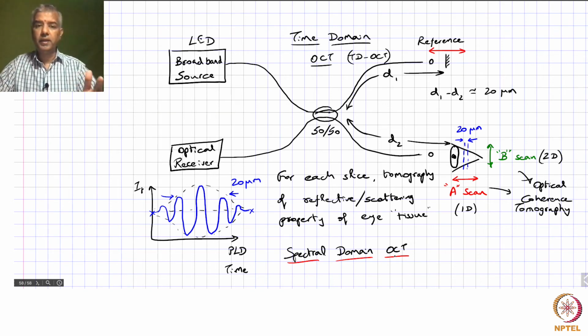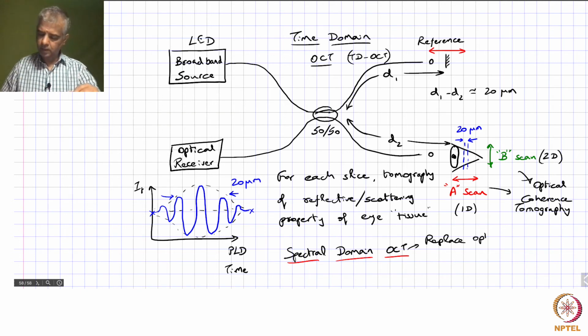So what we are doing in a spectral domain OCT is we replace the optical receiver, which is capturing intensity as a function of time, with an optical spectrometer.